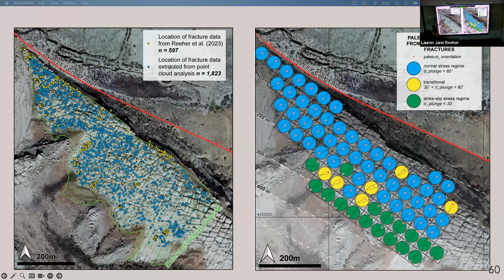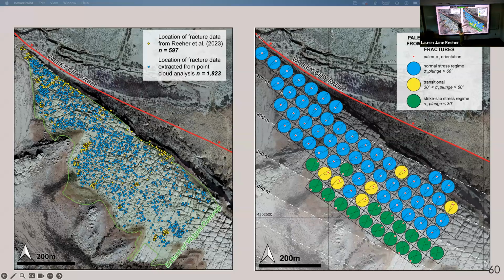In yellow here are the measurements where I was out actually in the field, and blue is the measurements we extracted from the point cloud. These were spatially binned, and then we did a stress inversion for each bin based on the fracture data to pull out what the stress regime would have looked like.